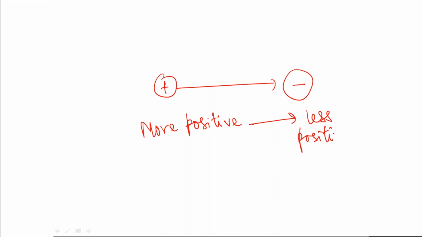Suppose I have here 10 coulomb and here maybe 2 coulomb. Then the electric field will be in this way.